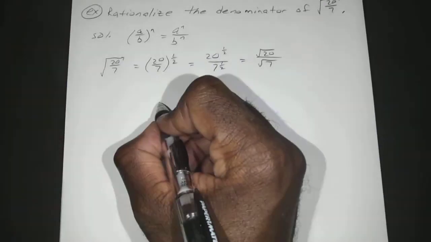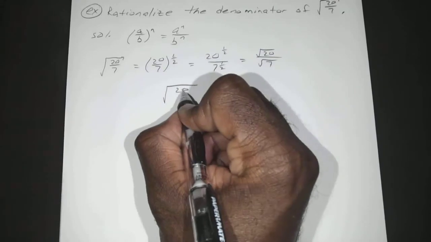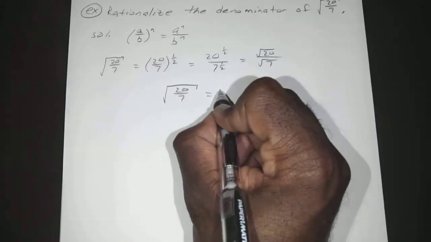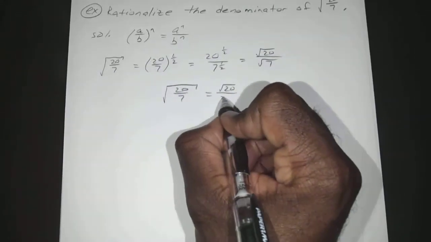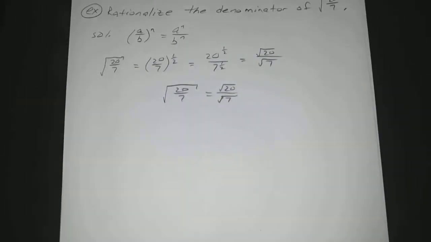So all of that showed us that the square root of 20 over 7 is just the square root of 20 over the square root of 7. The same way you can separate when two square roots are multiplied, you can also separate them when you divide.